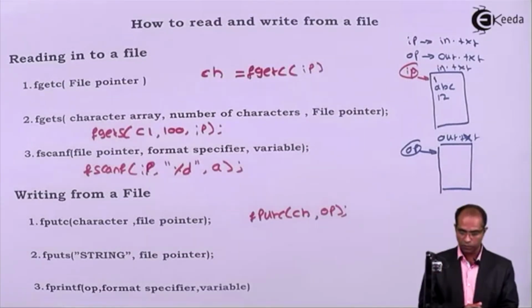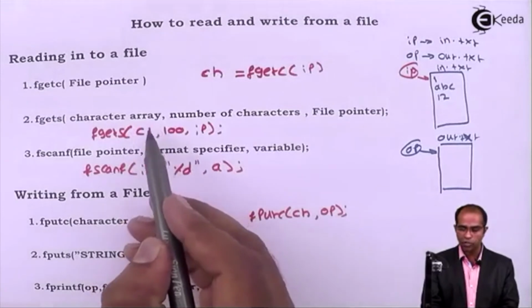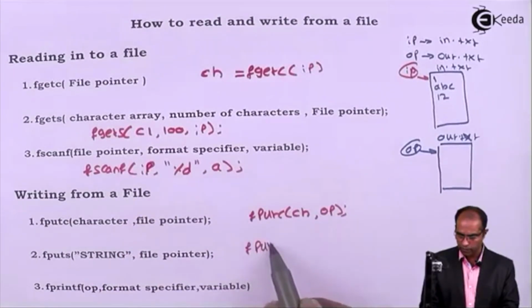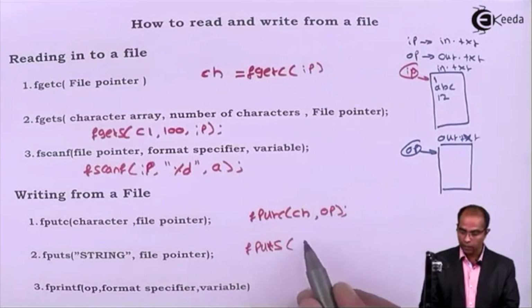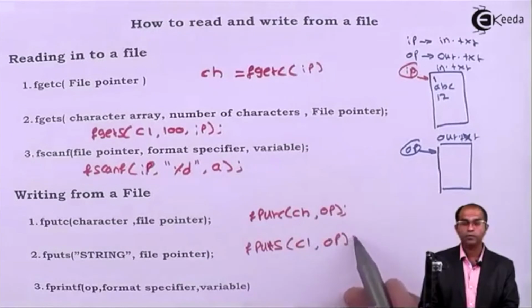Now you might have a complete string as a parameter. You might give a string, or you might store this into a character array and then transfer this to a pointer. Suppose in the second instruction I have read the contents onto an array called c1. So here I'll say fputs, the character string is c1, comma, the pointer is op in this case.